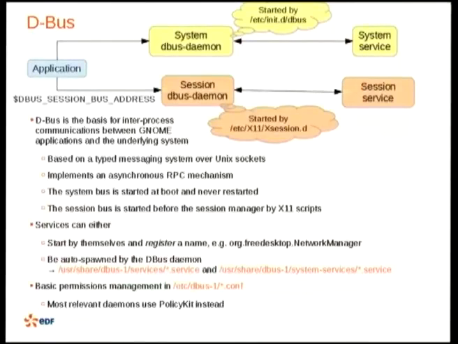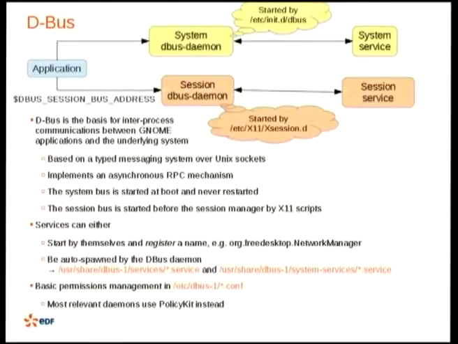And you can start up system services or session services, which will register a name. So for example, NetworkManager is a daemon which starts at boot and registers a name. And it is accessible through the name org.freedesktop.NetworkManager.